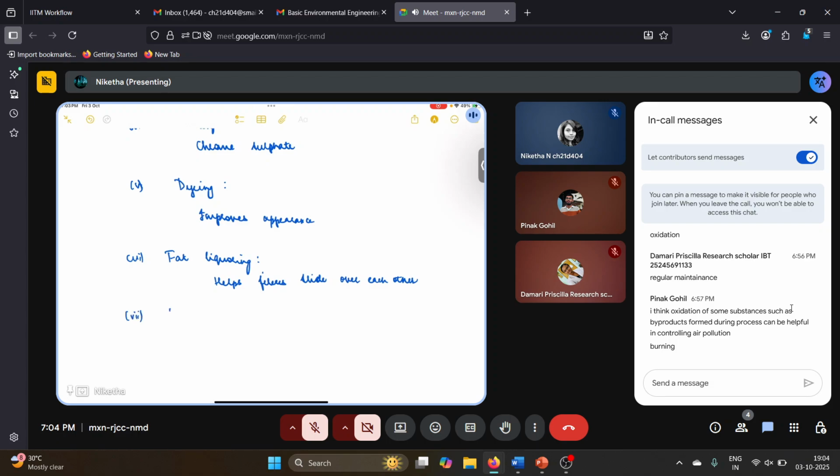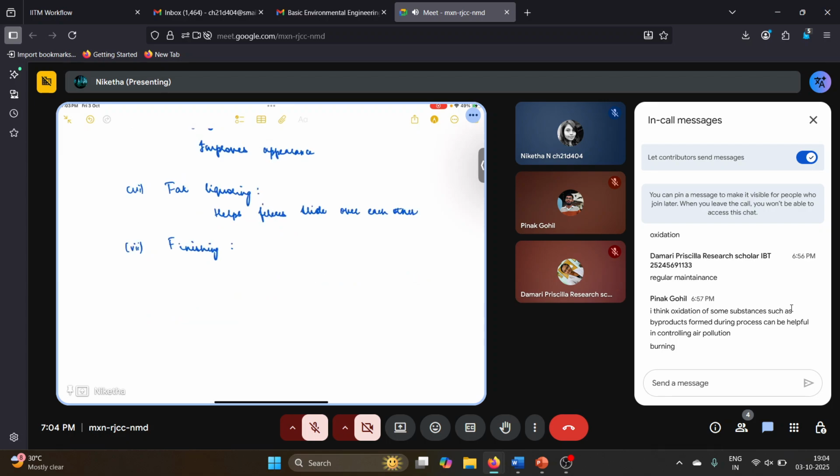And the last step is called finishing. Here some chemicals or finishing agents are added to make it more attractive.